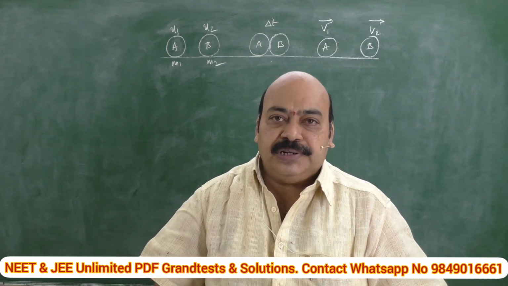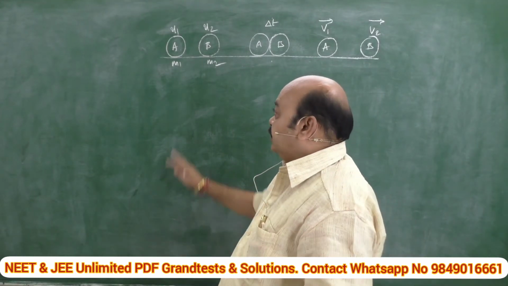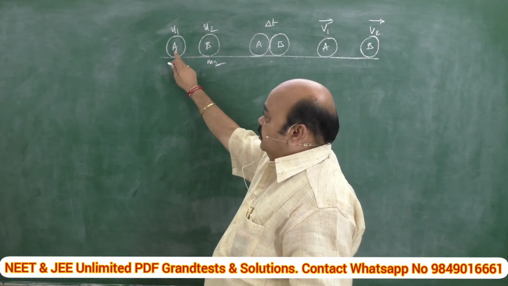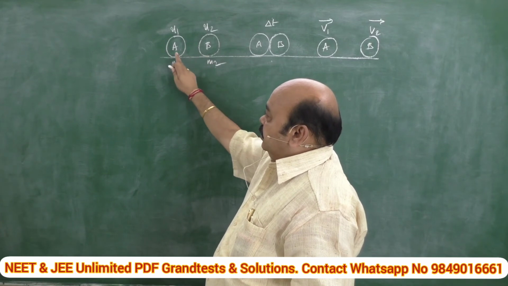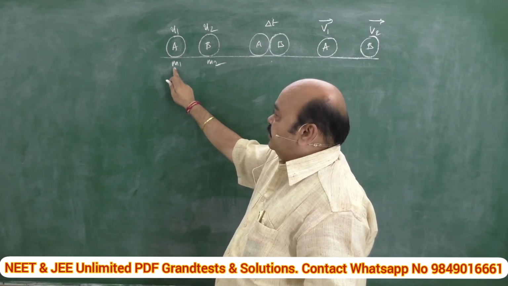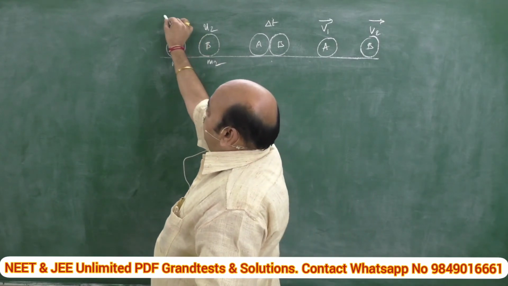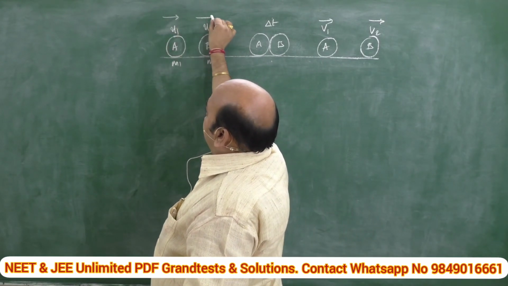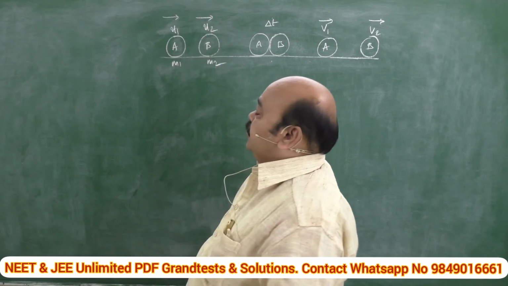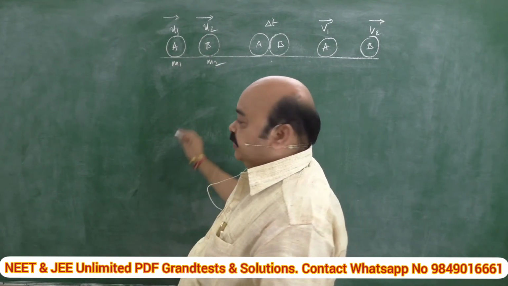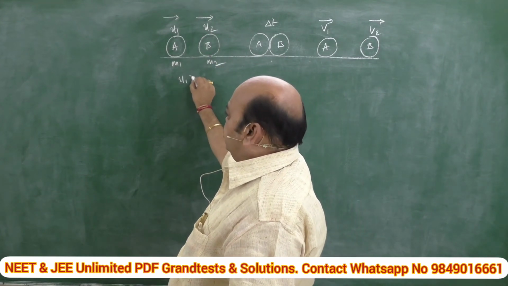That impact is called collision. Consider two spheres A and B having masses m1 and m2 moving along a straight line on a horizontal plane with velocities u1 and u2. Here u1 is greater than u2.